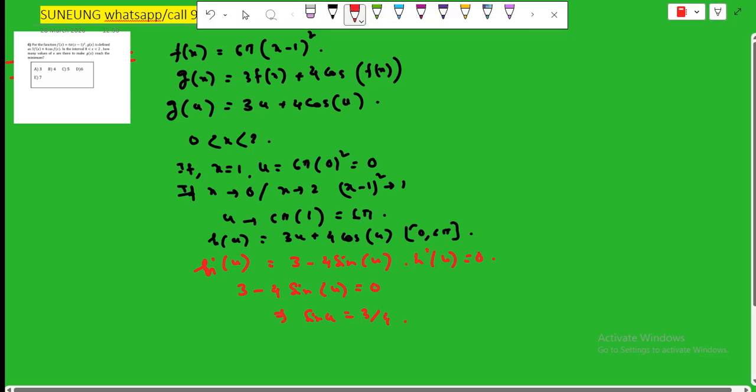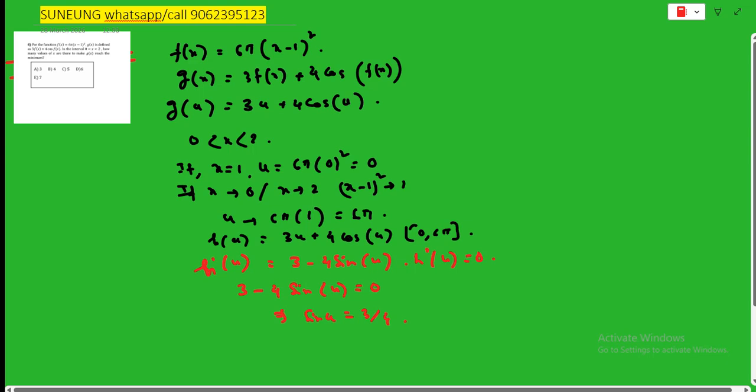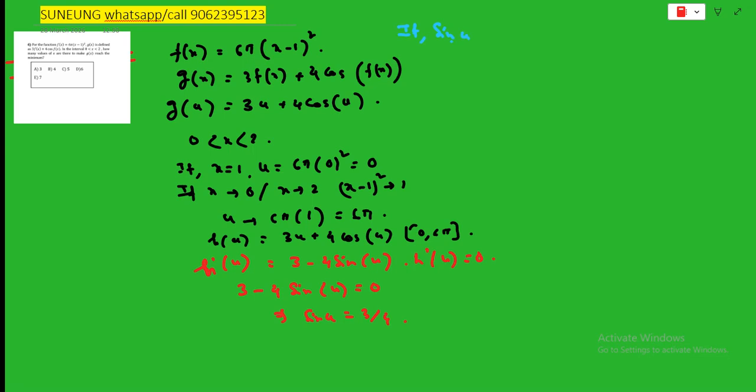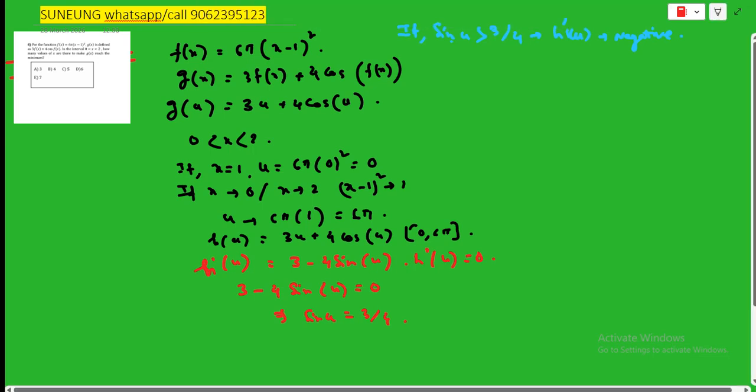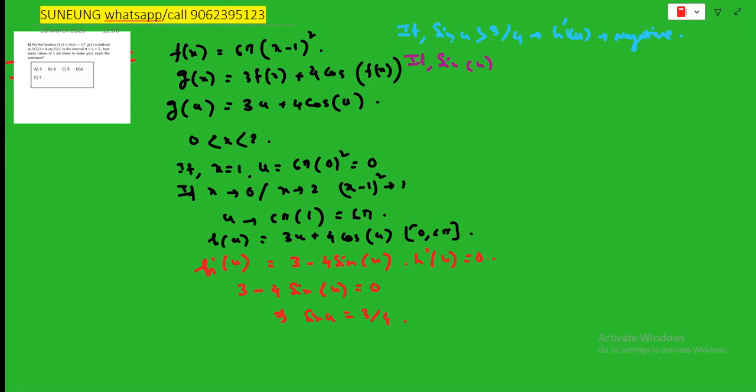Okay, so if sin u is greater than 3/4, then h'(u) is negative, right? And if sin u is less than 3/4, then h'(u) will be positive.